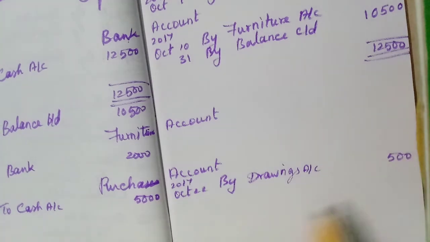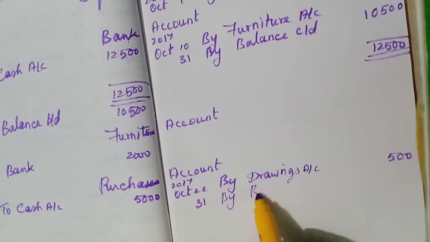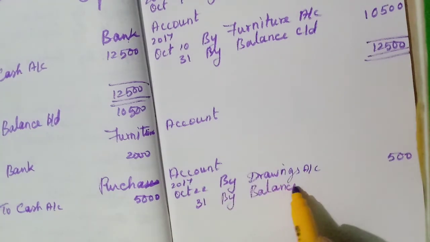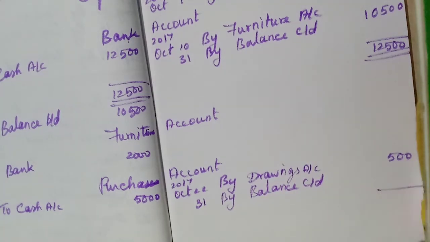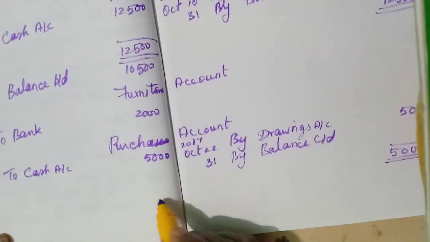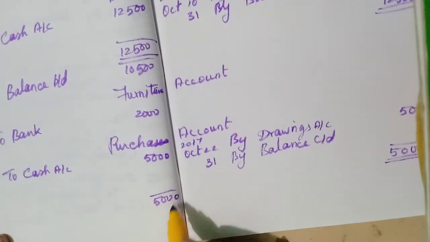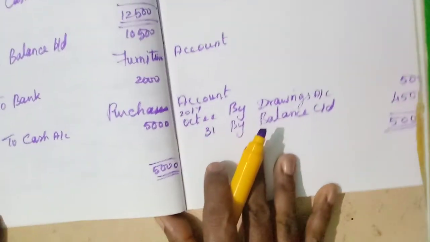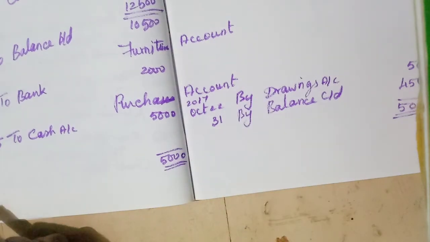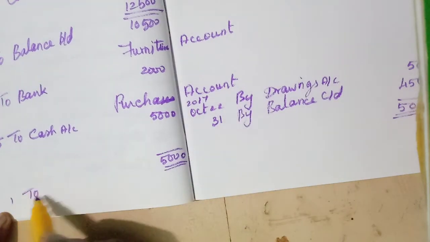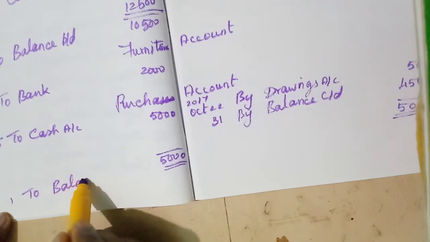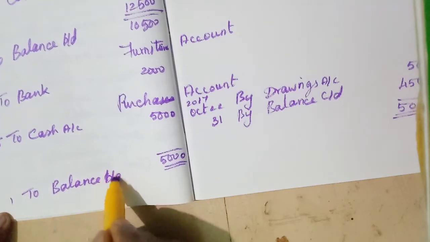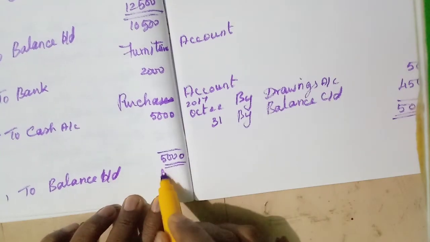Now we will balance, less amount on the credit side. So write the last date by balance carry down. Then total 5,000, isn't it? Write the 5,000. Here 4,500. Then balance we need to write. Next date November 1, to balance brought down 4,500.